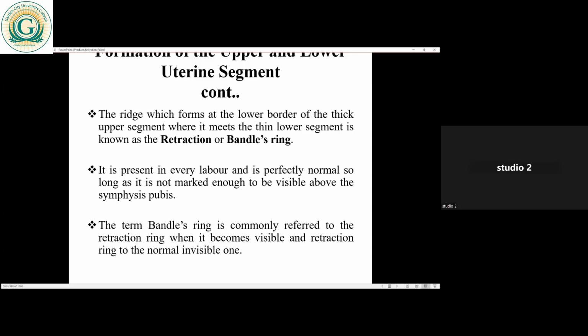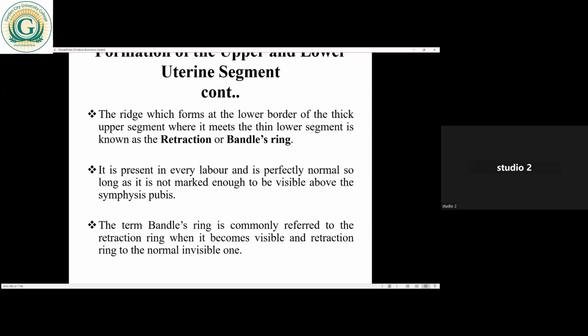That boundary, that division, we call it the retraction or Bandl's ring. It is present in every labor and perfectly normal, so long as it is not marked enough to be visible. This division is perfectly normal when the woman is in labor. It's a change, but it's not visible.